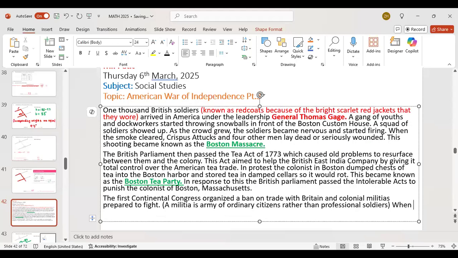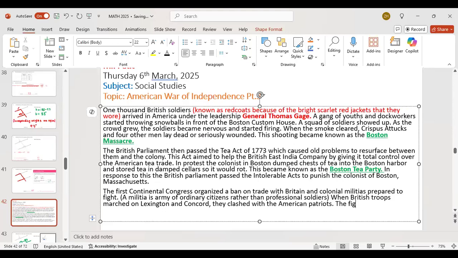Now, when British troops marched on Lexington and Concord, they clashed with the American patriots. This is in America.